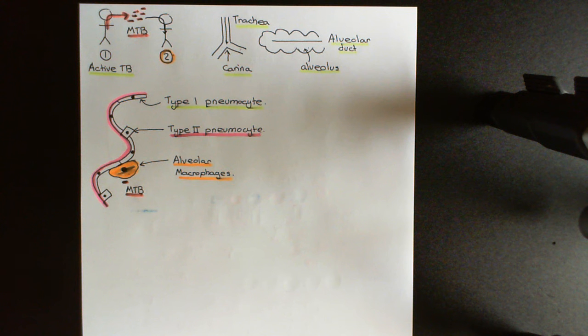Then what I want to talk about is, what's its response going to be to the fact that it has found something dangerous within the alveoli? Well, I've already told you about that. It's going to phagocytose it, but it's also going to call for help. It's going to initiate the inflammatory response. And I want to now discuss all of this.